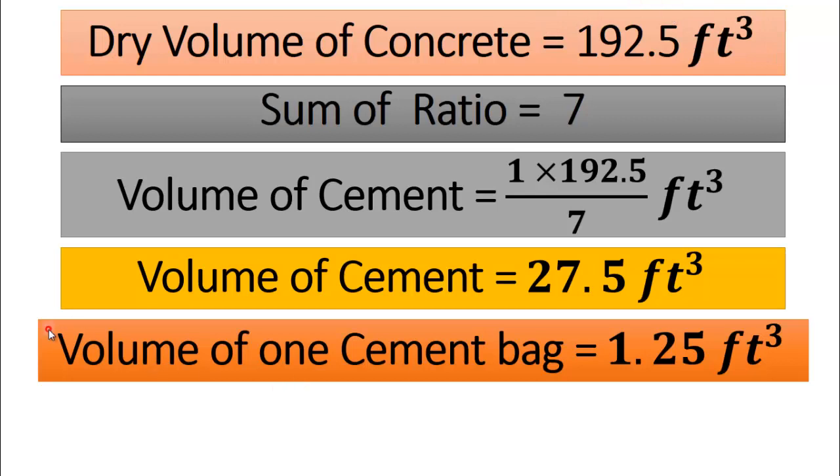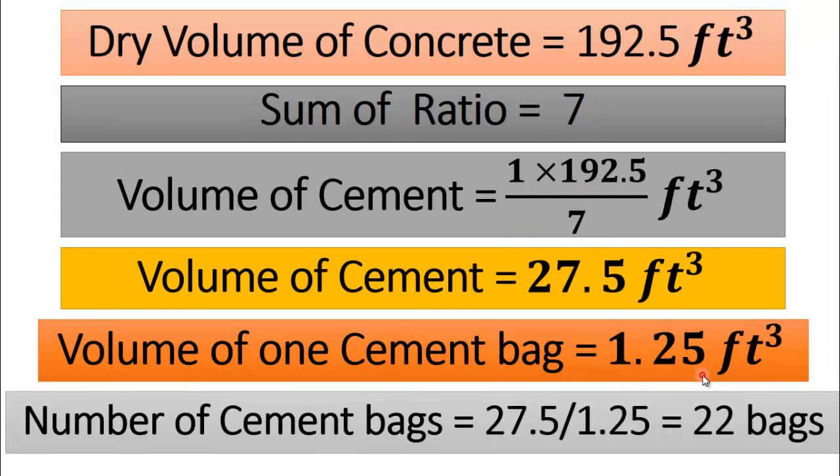So to find the number of bags, just divide this total volume by the volume of one cement bag. So the number of bags of cement is equal to 27.5, which is the total volume of cement, divided by 1.25, which is the volume of one cement bag. We will get the number of bags of cement as 22 bags.